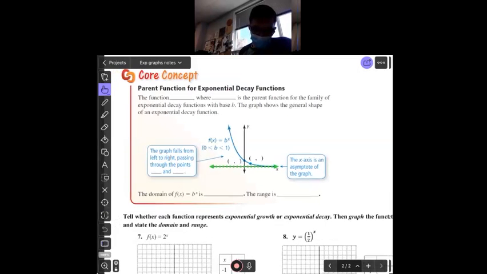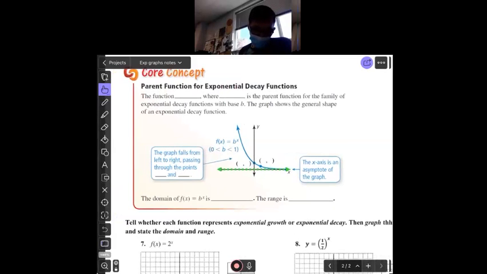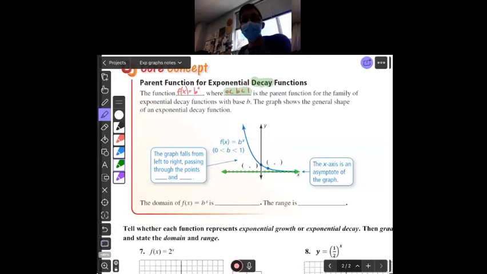Next, just real quickly, with decay functions, it's pretty much the same thing. The parent function is the same function, f of x equals b to the x. It's just that now b is between 0 and 1. So just switching that to a fraction instead of a number bigger than 1. Remember, not all fractions are less than 1.